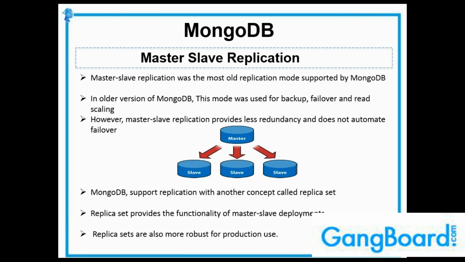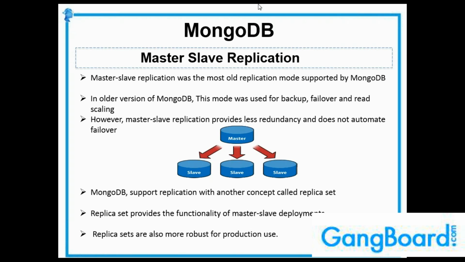If you see this diagram, one master and slaves, just consider this master-slave replication as primary-secondary. The master-slave concept is used in older versions, but in the new version they call it primary and secondaries. Consider the master as a primary and slaves as secondaries.